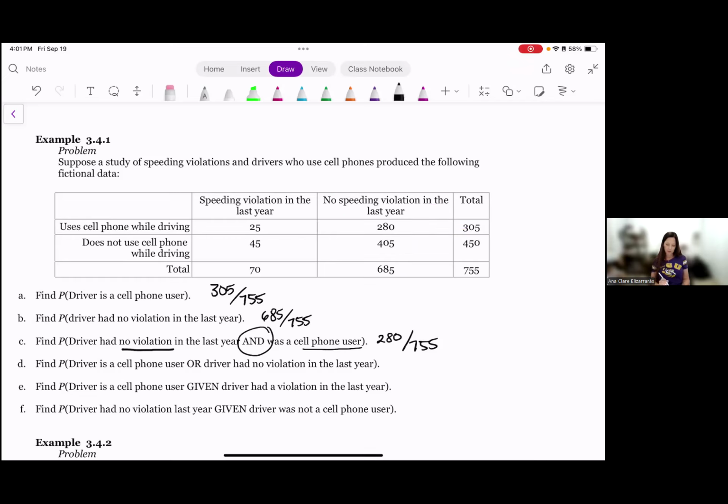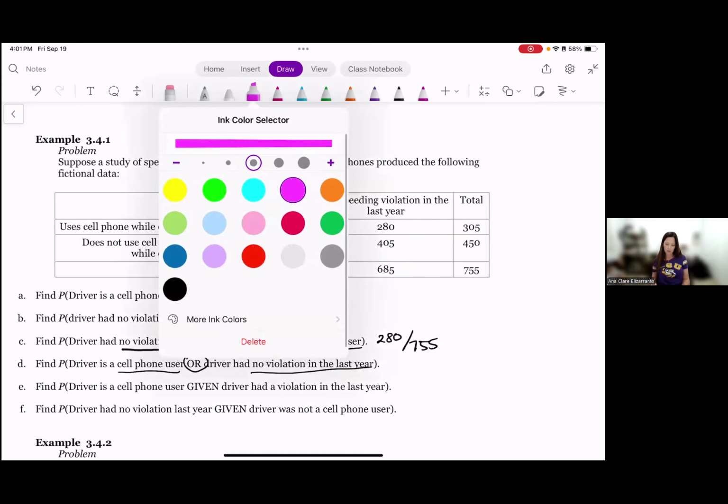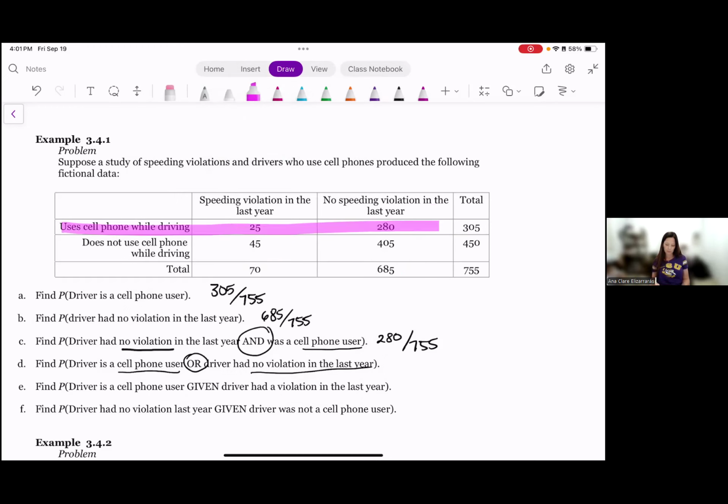The next question says, find the probability that a driver is a cell phone user or had no violation in the last year. Okay, cell phone user or had no violation. Now, I could talk about all of the cell phone users, which is 305 out of 755. Or, this is the general addition rule, no violation, 685 over 755.